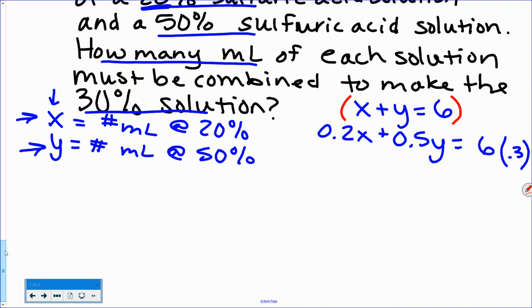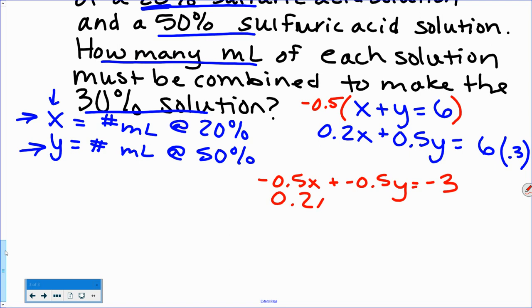I want to multiply by negative 0.5, kind of an easy one to do in your head, just cut them in half. So I've got negative 0.5x plus negative 0.5y equals negative 3. Keep the bottom one the same: 0.2x plus 0.5y equals 6 times 0.3, which is 1.8.